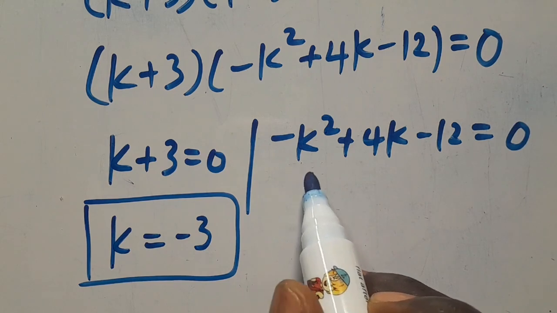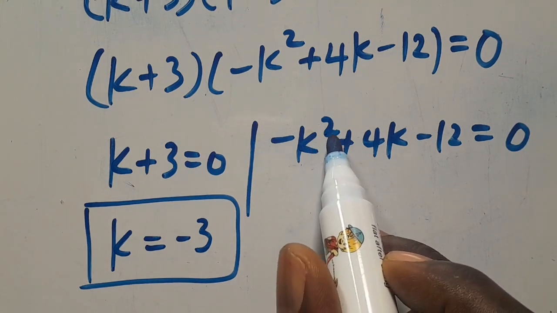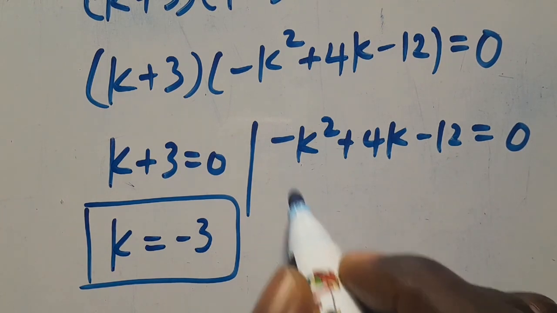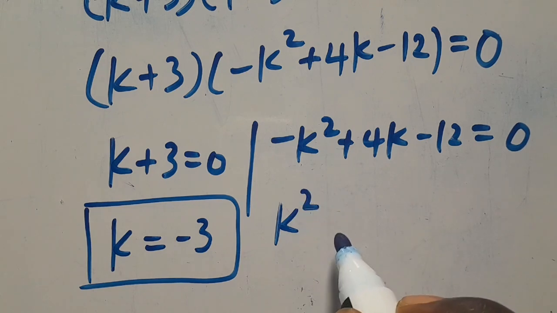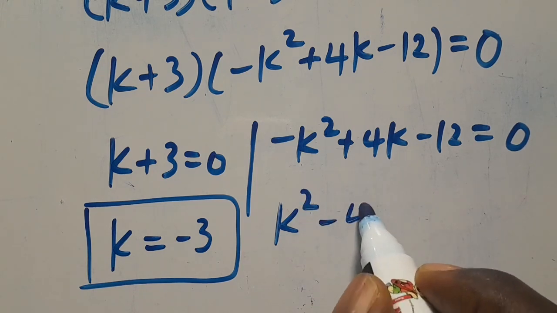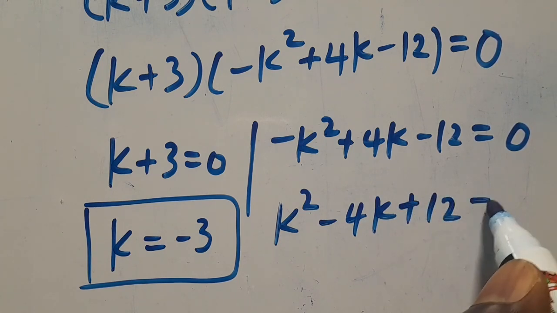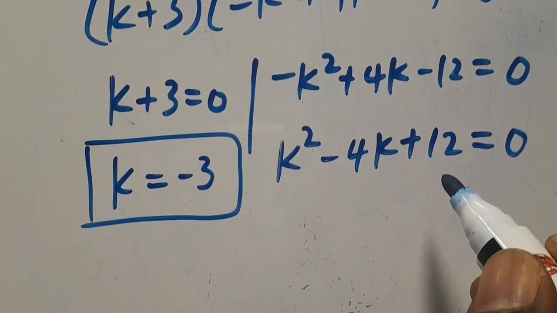And likewise, we want to make sure that the coefficient of power 2 is positive, so we multiply through by negative. So here will be k squared, here will be minus 4k, here will be plus 12, and everything equals 0.